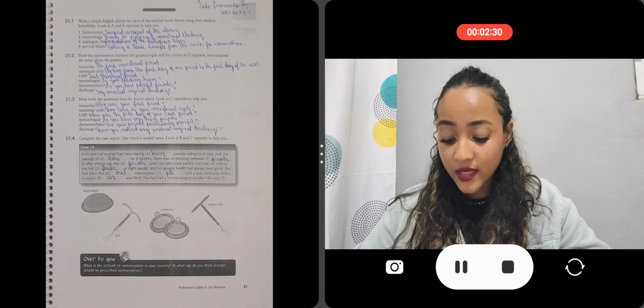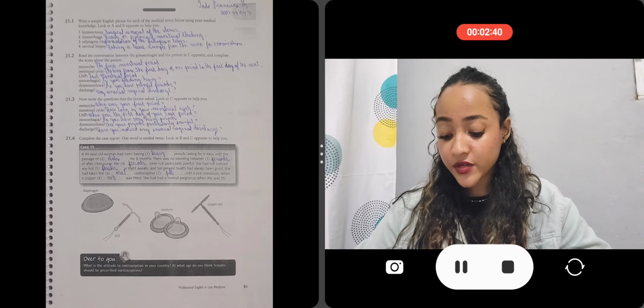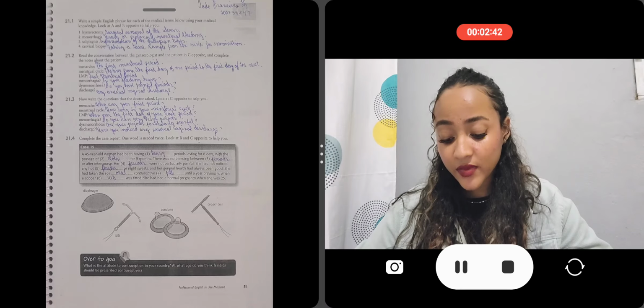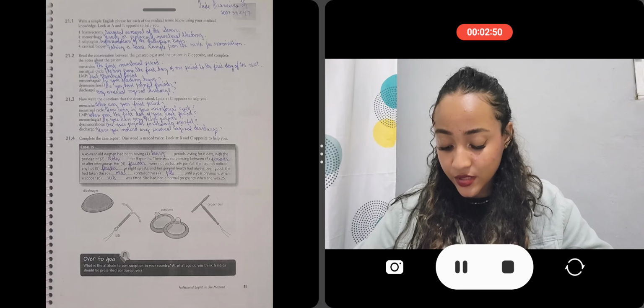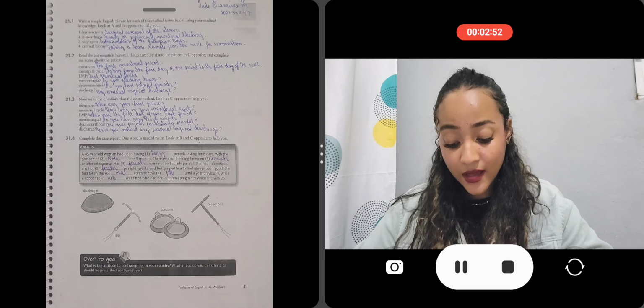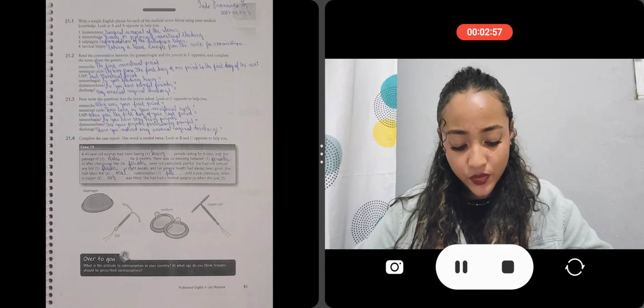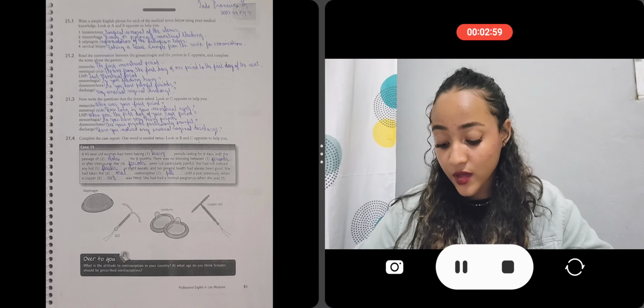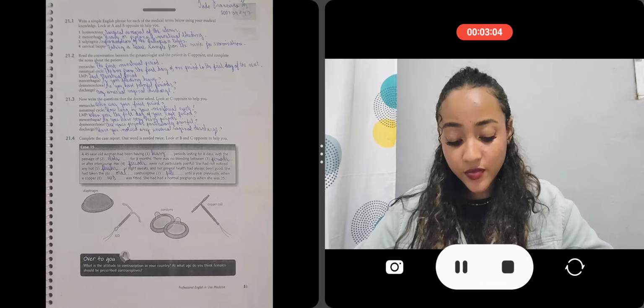21.4. Complete the case report. One word is needed. Twice. Case 15. A 45-year-old woman had been having heavy periods lasting for 8 days, with the passage of clots for 9 months. There was no bleeding between periods or after intercourse. Her periods were not particularly painful.